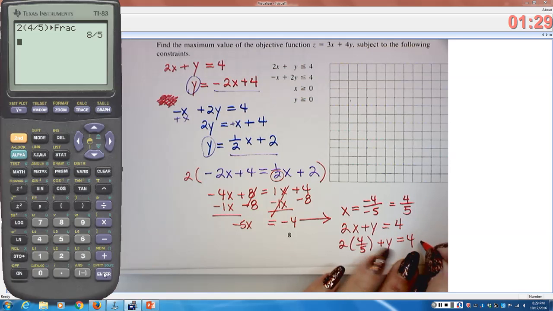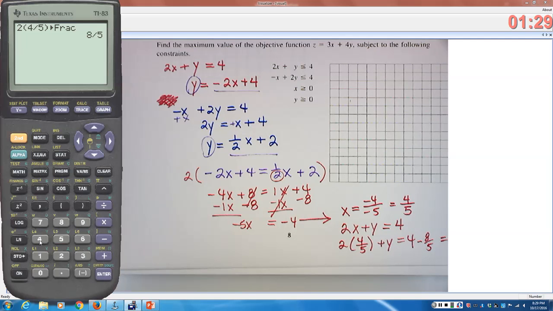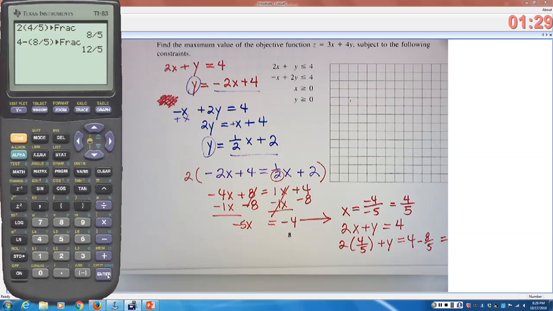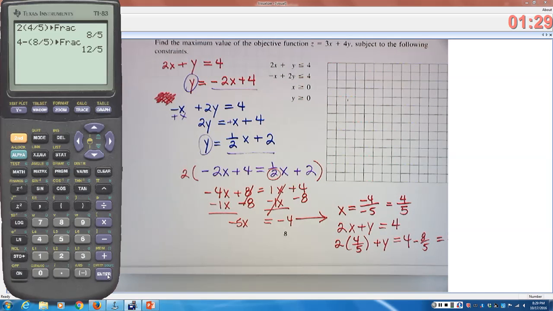So I'm going to subtract 8/5 from both sides. 4 minus 8/5, and again make it into a fraction, is 12/5. Okay? So there's method number 1.